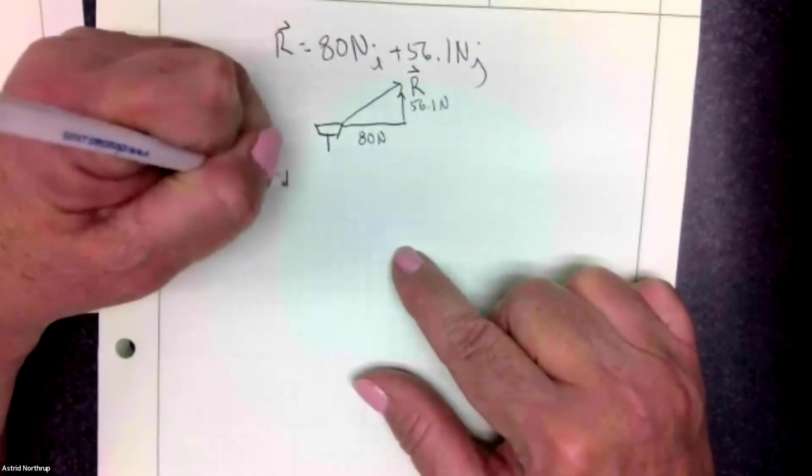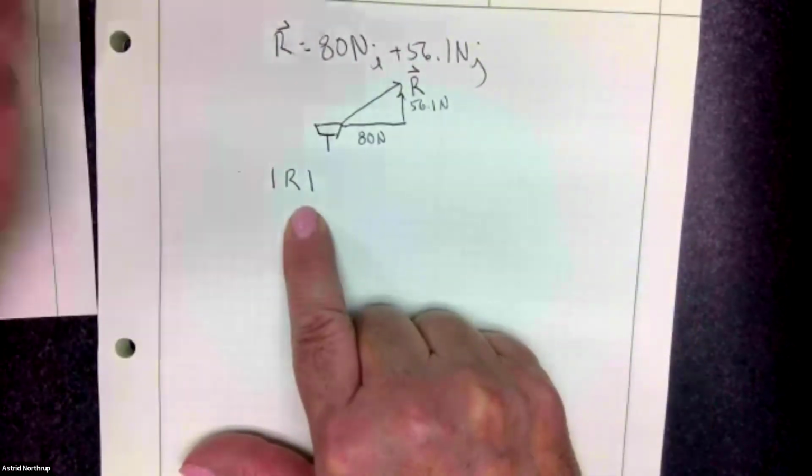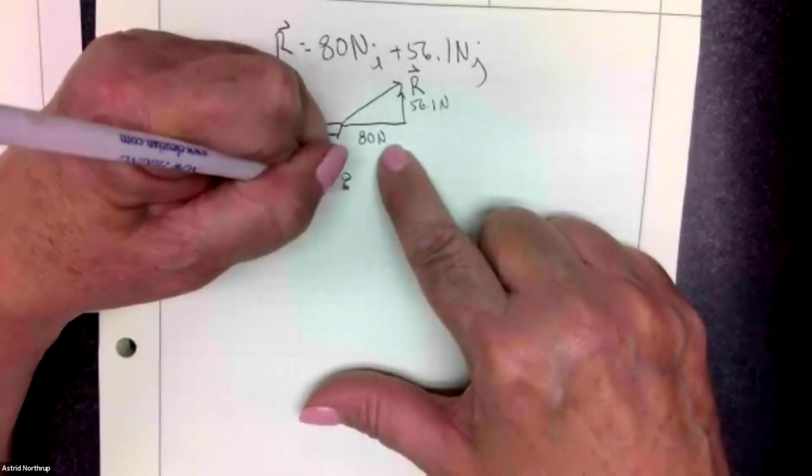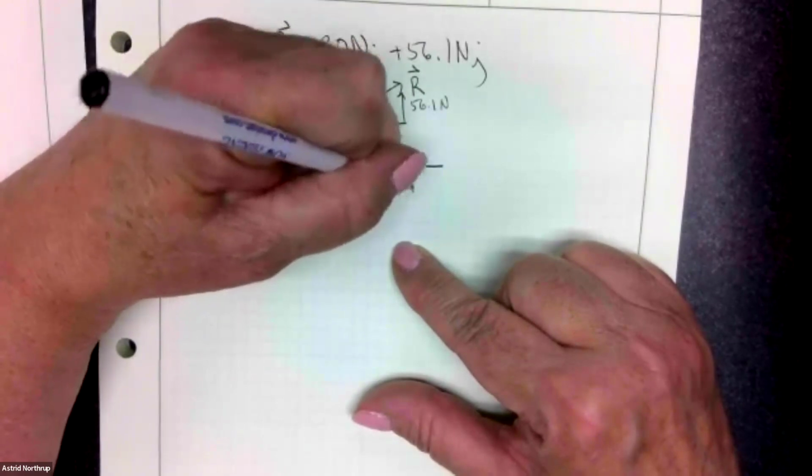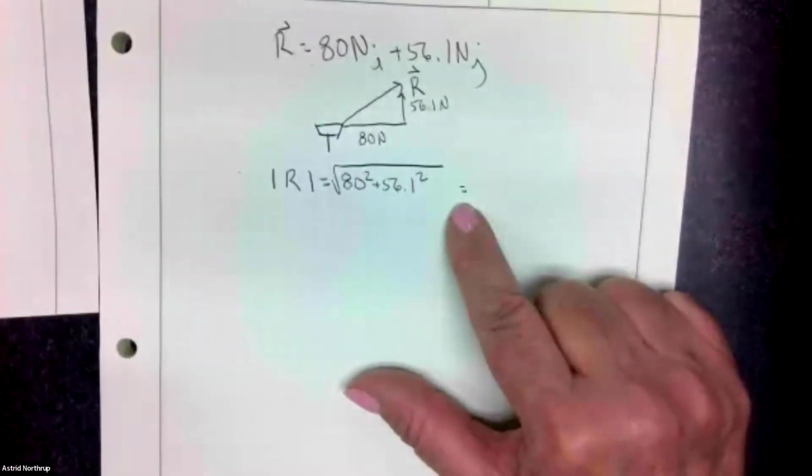So the magnitude, here's the notation, the magnitude of R then is equal to the square root of 80 squared plus 56.1 squared. And what does that value turn out to be?